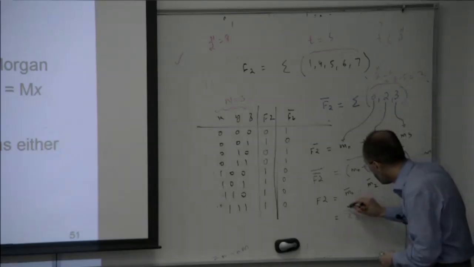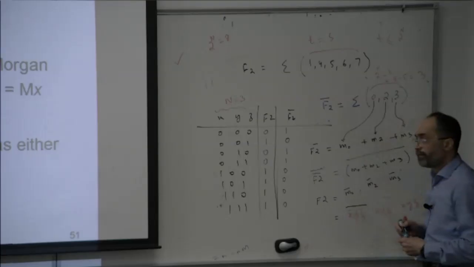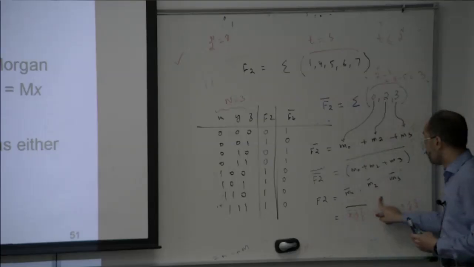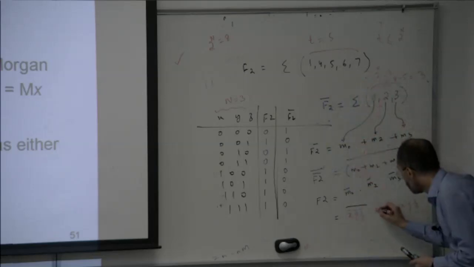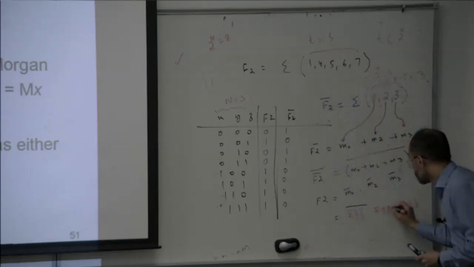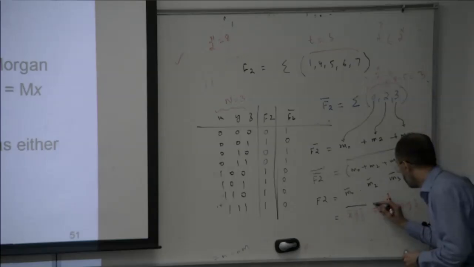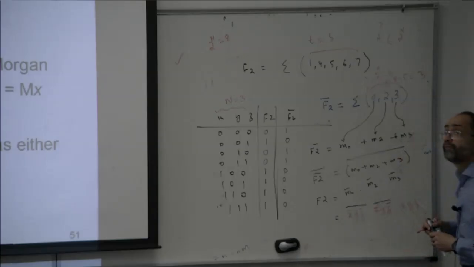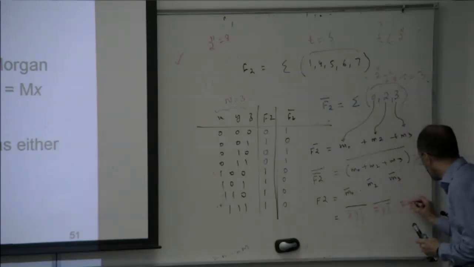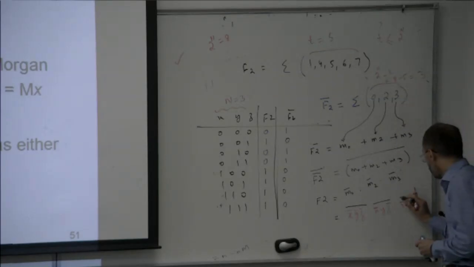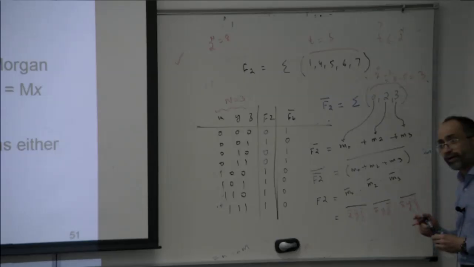Got it? And then you put a whole bar. M2. What is M2? 0, 1, 0, and then whole bar. And M3, 0, 1, 1, and then whole bar. Got it or not got it?